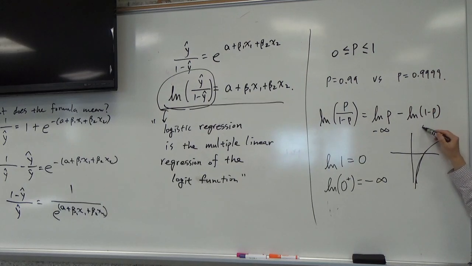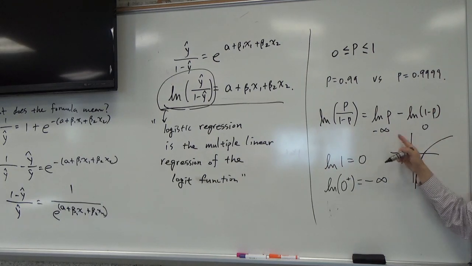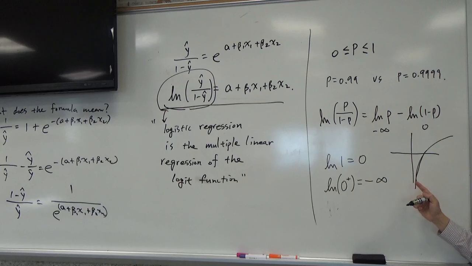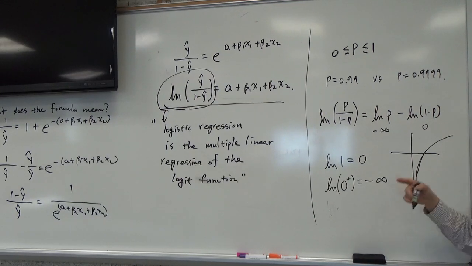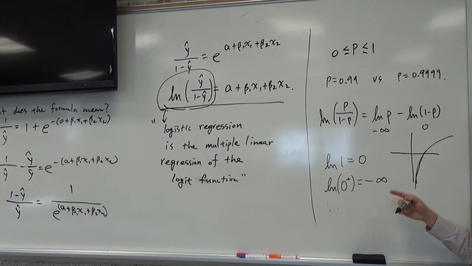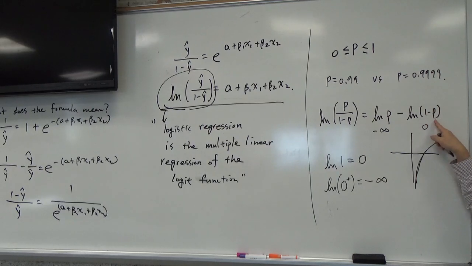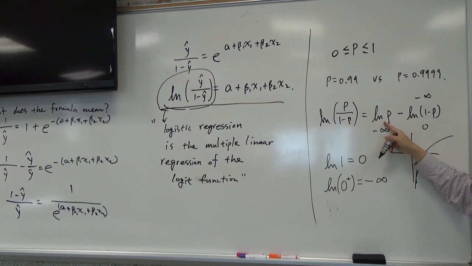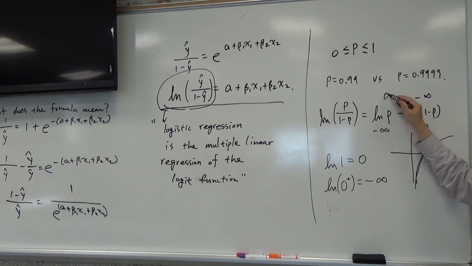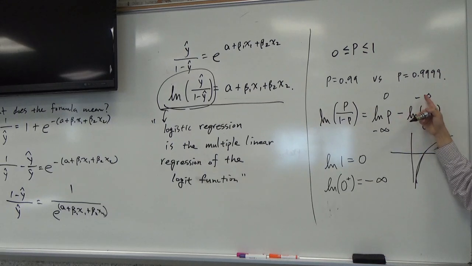So overall, it's going to give you negative infinity. On the other hand, if you plug in p close to 1, ln of 1 minus p will be negative infinity, but because there's a minus applied to it, it will be positive infinity.